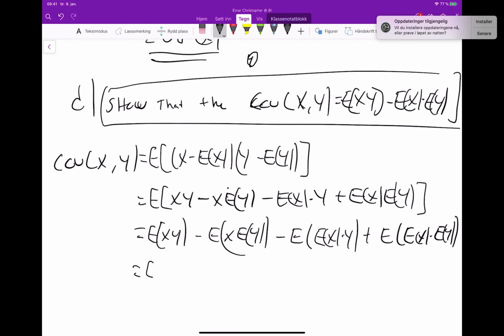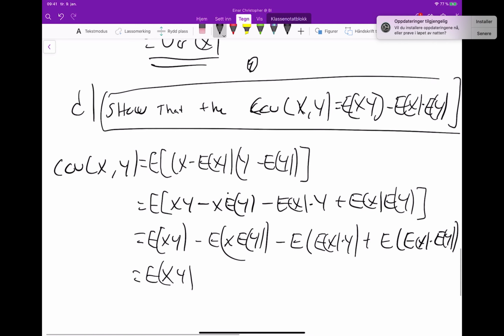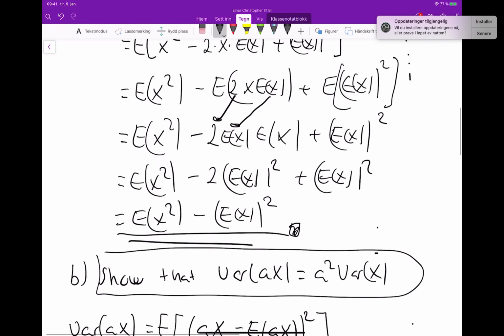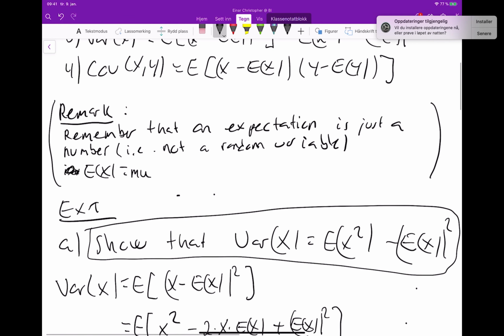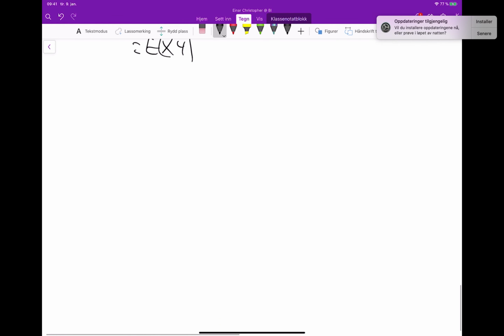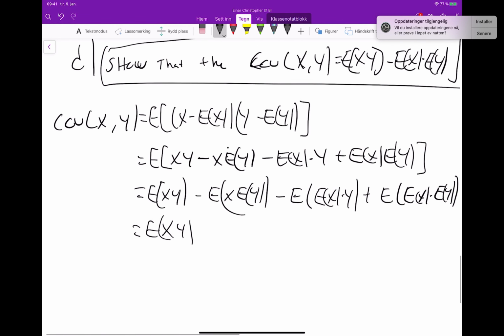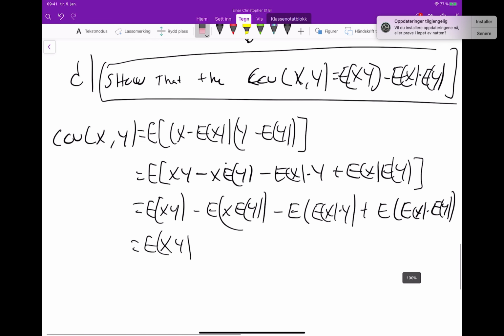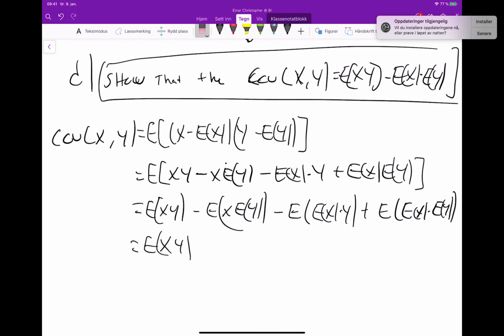But remember this remark, which I use all the time here. Remember that an expectation is just a number, in example, not a random variable. And if it's just a number, or let's say a constant, we can put it outside the expectation.